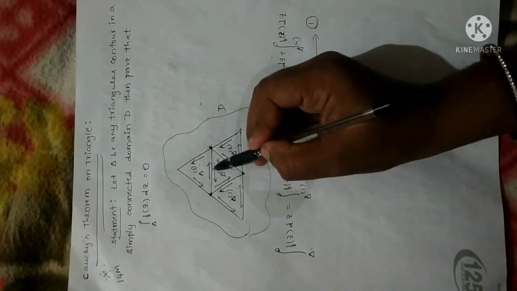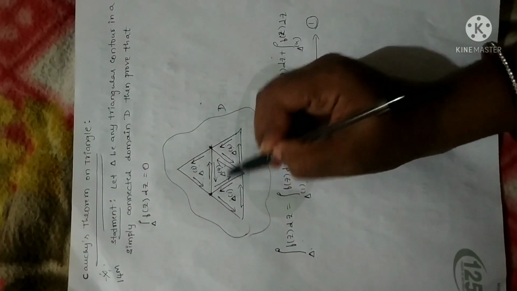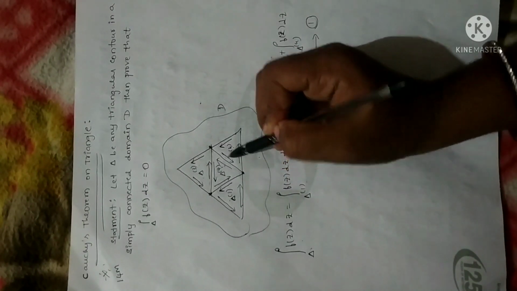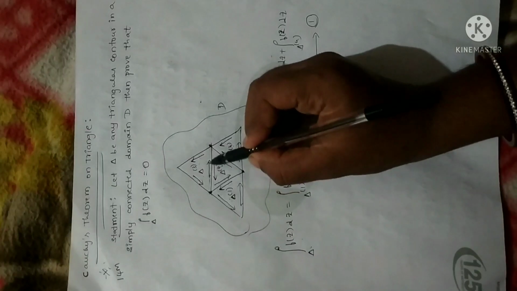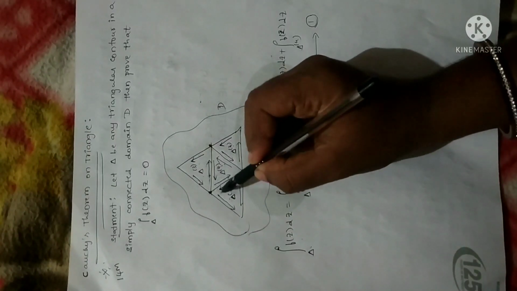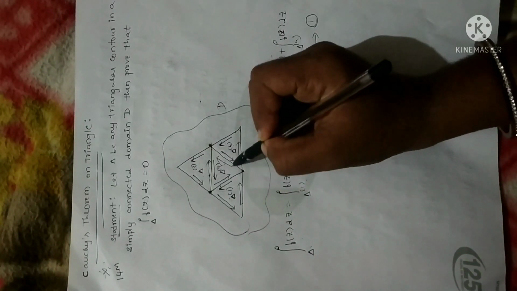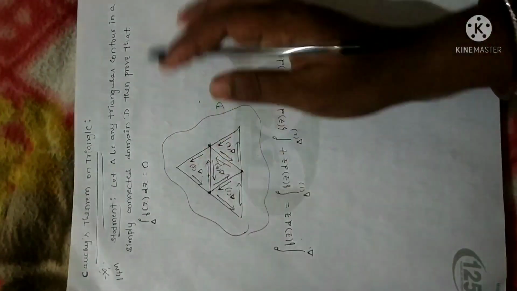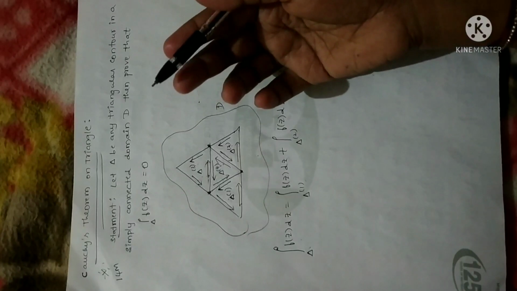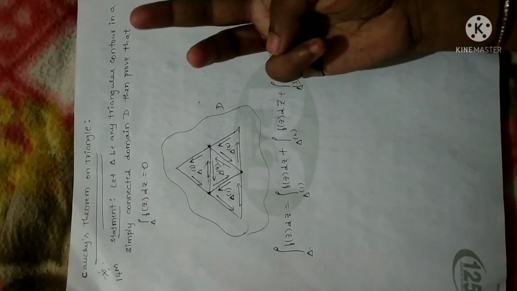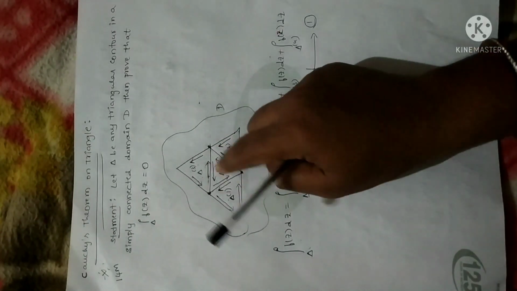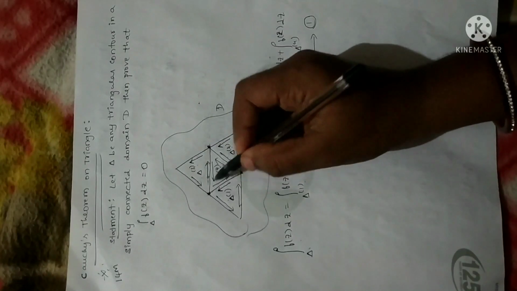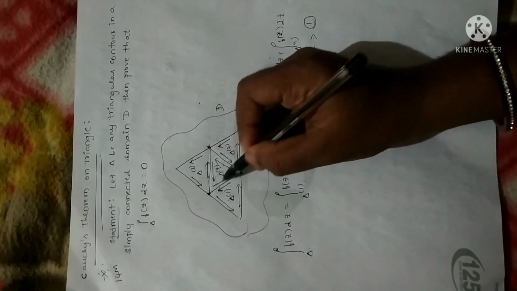See here, 1, 2, 3, 4, 5, 6. You can look at the direction of the pen. So these 6 sides will be repeating 2 times. By removing the repetition, we obtain the remaining 6 resulting integrals. These 6 integrals will be 0 as they repeat twice in opposite directions.